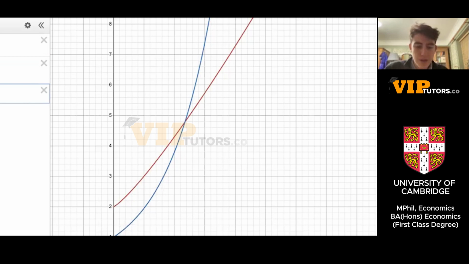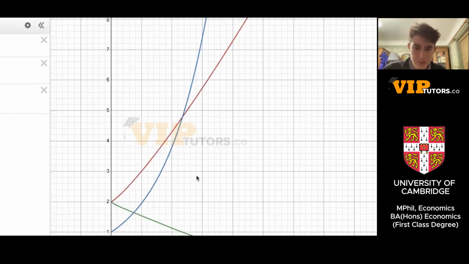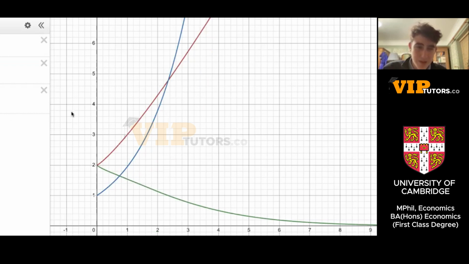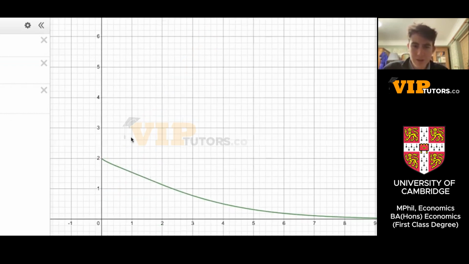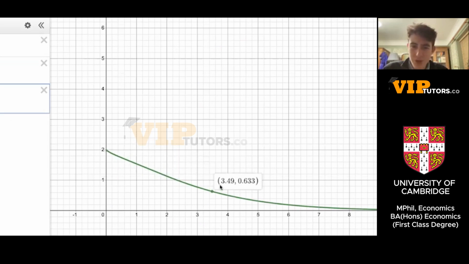Now, if we create a new function, h of x, which is equal to f of x over g of x, look at this. We've now managed to plot a function of the GDP per capita of China.